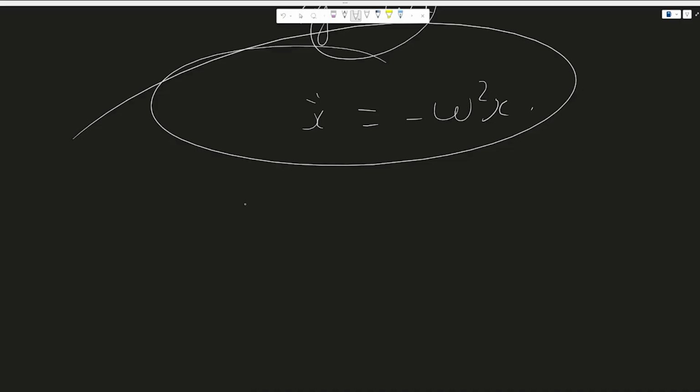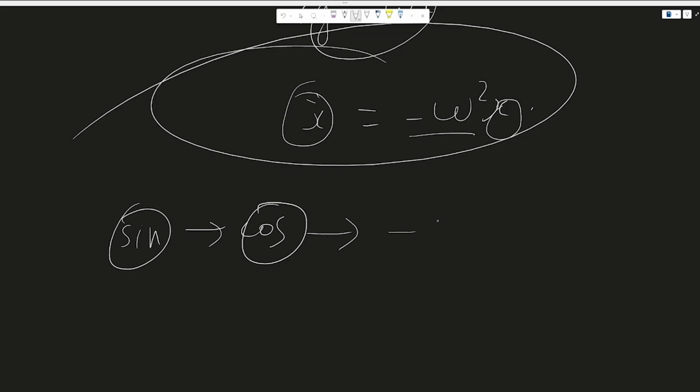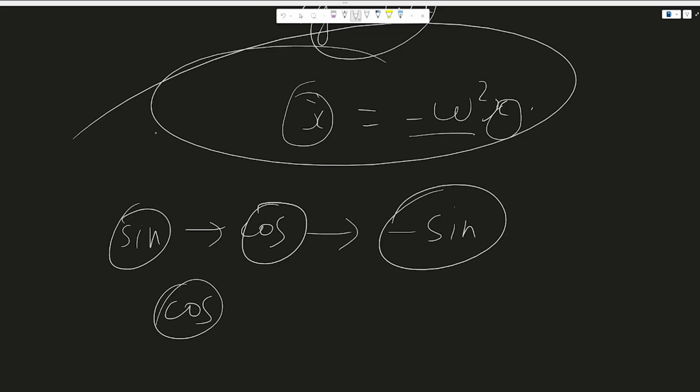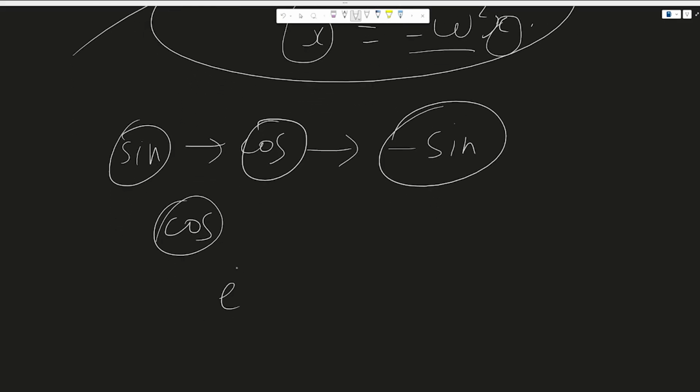But let's go step by step. Let's first observe this equation. Something's second derivative is still something, but times a constant. So what kind of functions yield that? We know maybe sine, because sine's derivative gives us cosine, and cosine brings us back to negative sine. So that's an option, and same thing with cosine. Or maybe an exponential.